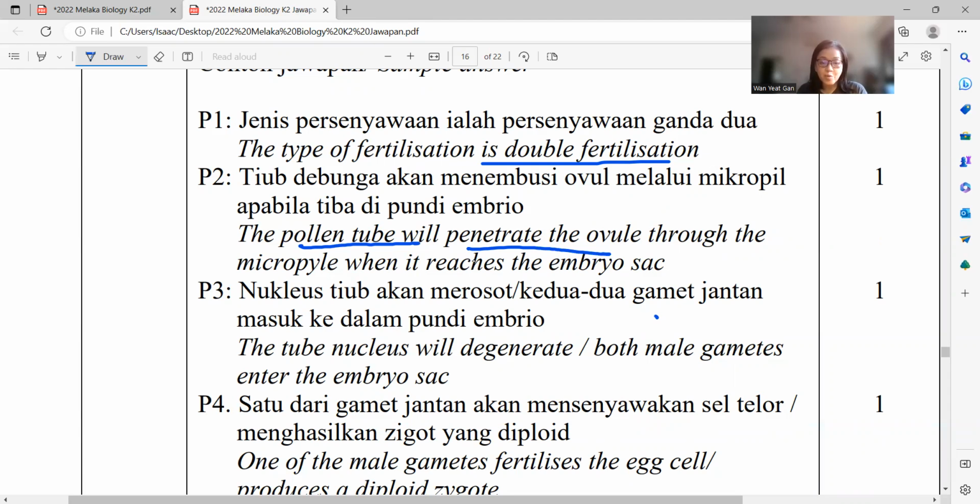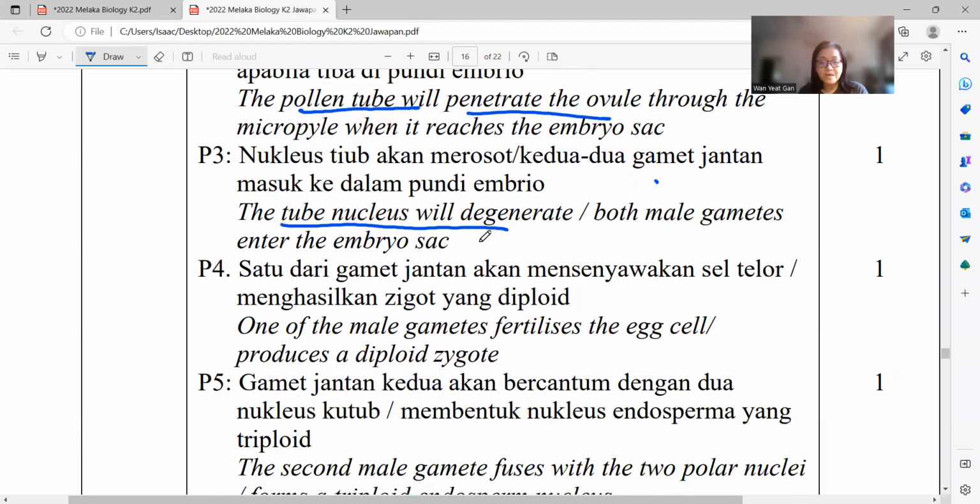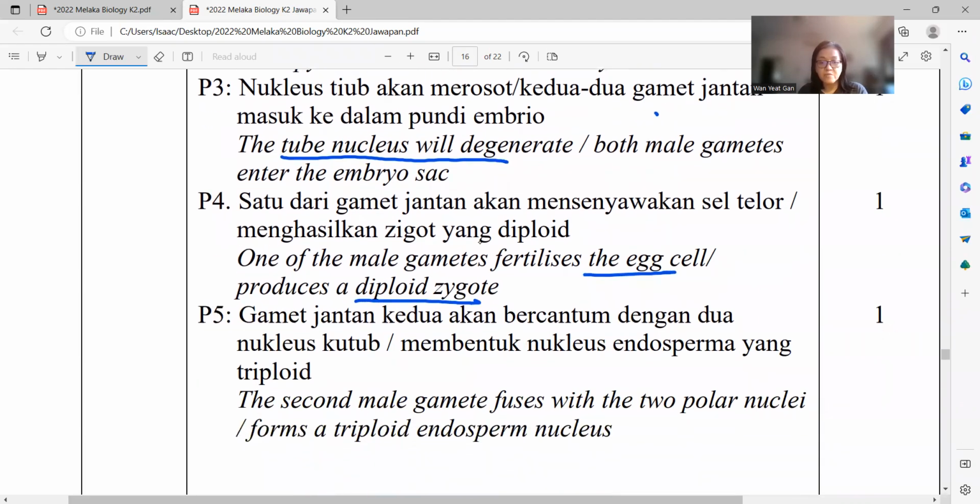Once it reaches the micropyle, the tube nucleus will degenerate. Then one of the male gametes will fertilize the egg cell to produce a diploid zygote, and another male gamete will fuse with the two polar nuclei to form a triploid endosperm nucleus.